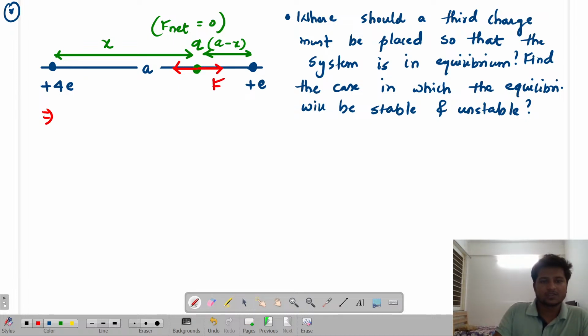So simple सी बात है, this is plus 4e on q, and then this force is plus e on q. So that must be equal. तो equal होगा तो क्या होगा?